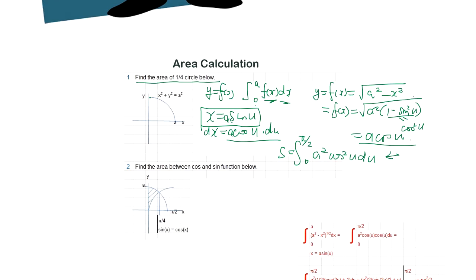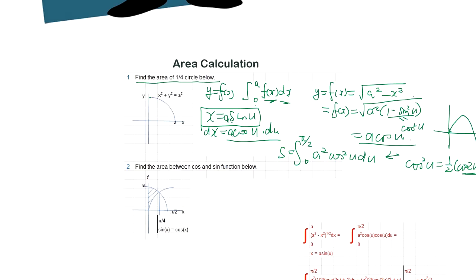Okay, now you know from trigonometry that cos squared u equals one half of cos 2u plus 1. So this is the double frequency, right?